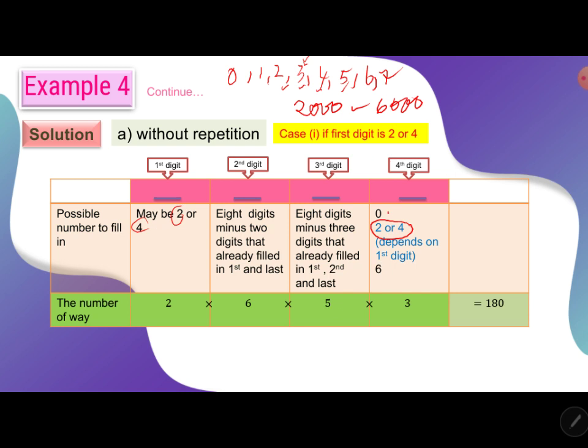And then 6. So how many choices? 0, 2 or 4, and 6, so 3 choices.